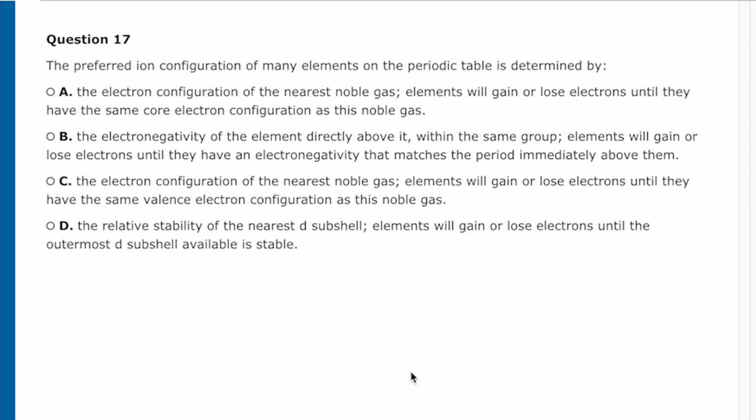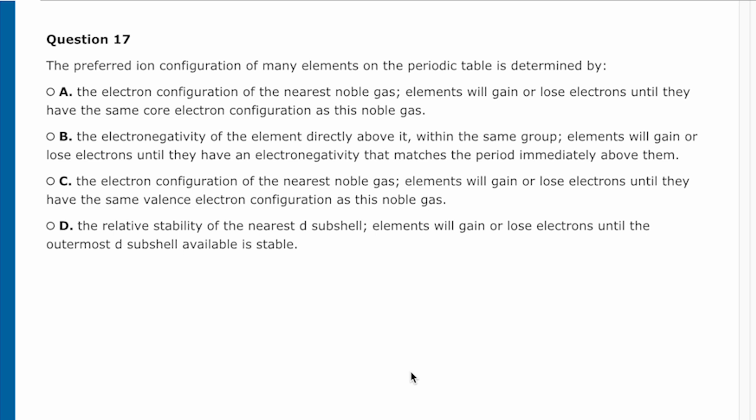It's all you. All right. So the preferred ion configuration of many elements on the periodic table is determined by A, the electron configuration of the nearest noble gas. Elements will gain or lose electrons until they have the same core electron configuration as the noble gas. B, the electronegativity of the element directly above it.